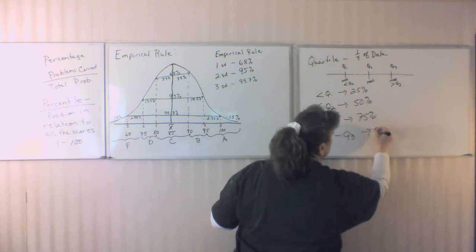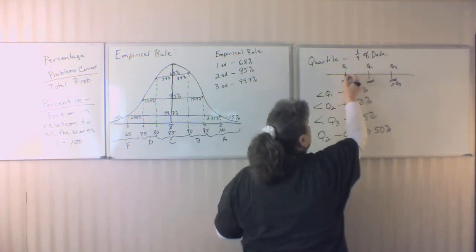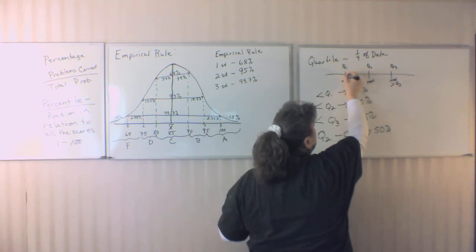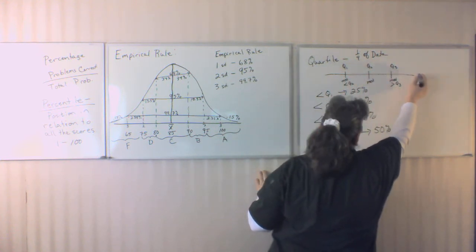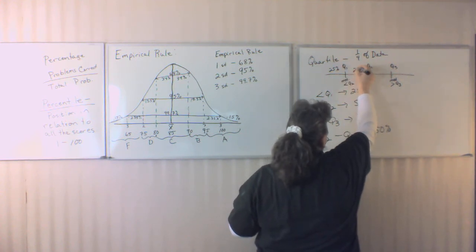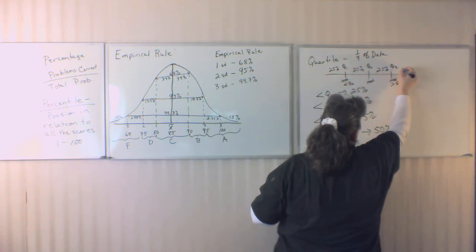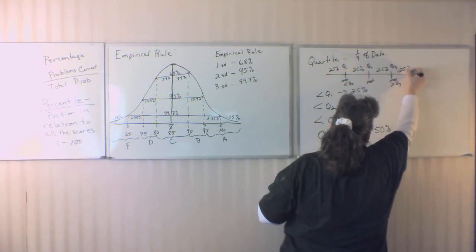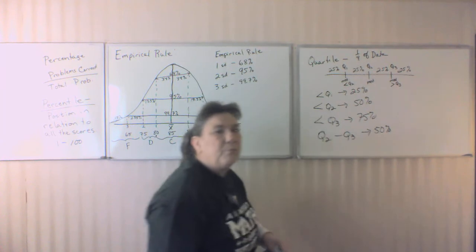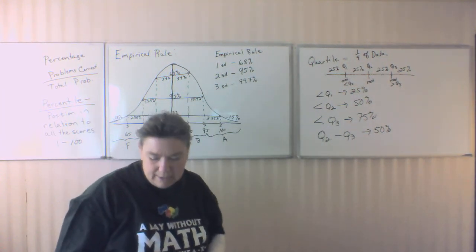This contains 50% of the data because, remember, each one of these sections is 25%. So you see how these two concepts relate to each other in the way that they function. They are both placing you in relationship to everybody else, okay?